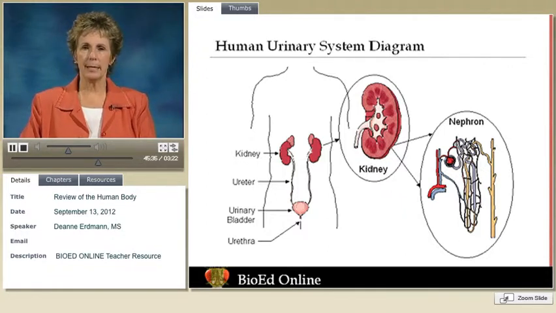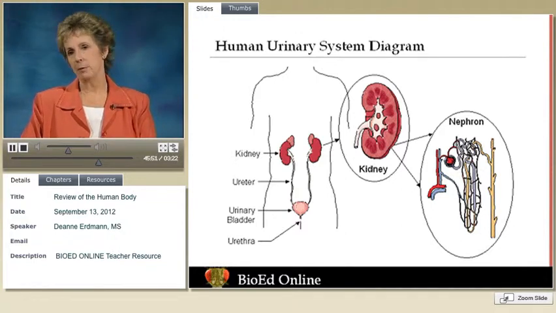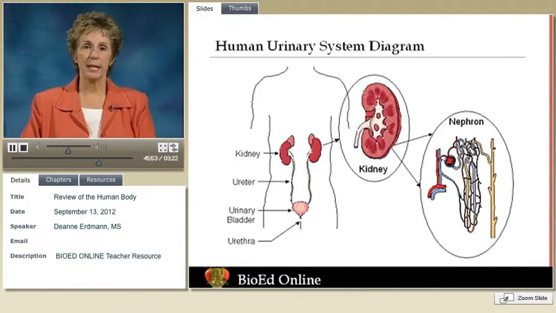The pressure increases, squeezing a lot of the fluid of the blood into that tubular portion of the nephron. As the material passes through the nephron, anything that is needed by the body is put back out into the spaces, reabsorbed by the blood, and returned back to circulation. Anything left in the tubule drains to the center of the kidney, down the ureter, to the urinary bladder, and out once again. So the nephrons are really pretty remarkable filtering structures within our kidneys.